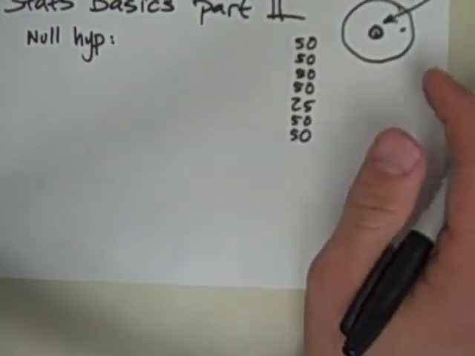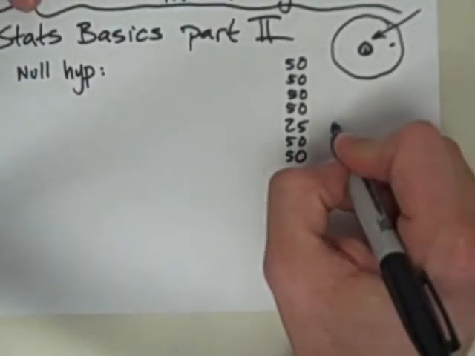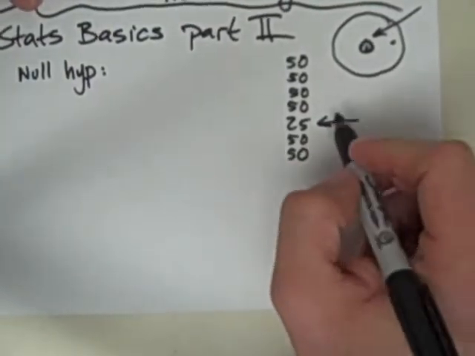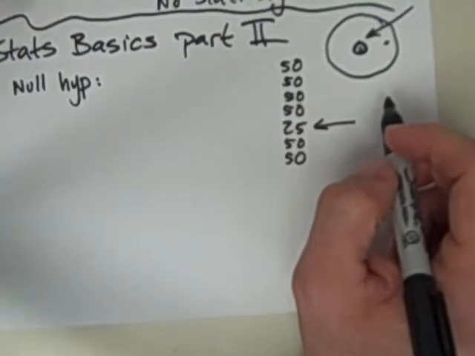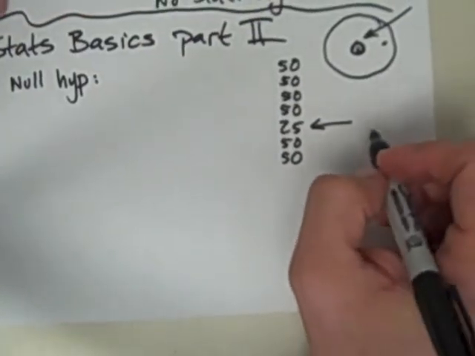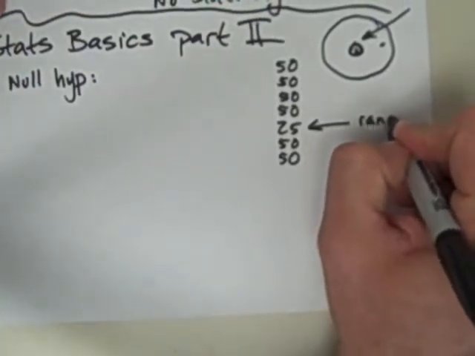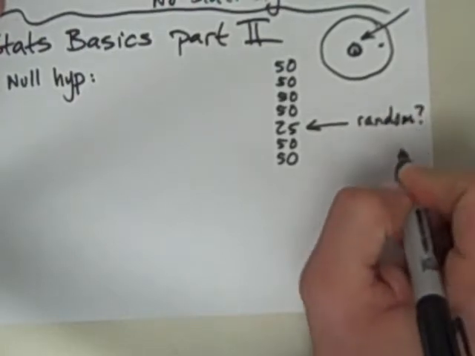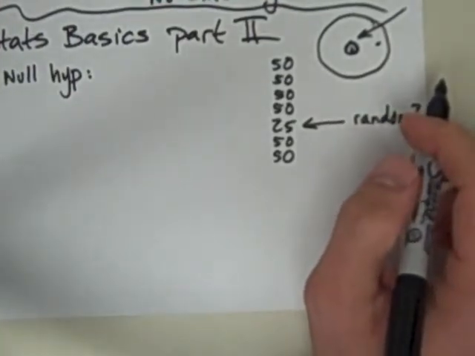If we look at these data, we would say, okay, he's not hitting it every time, this 25. What we would want to then see is, is this 25 just a random occurrence, or is it something that actually happened?